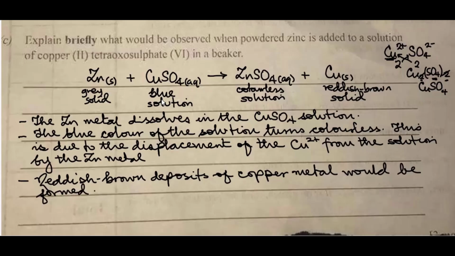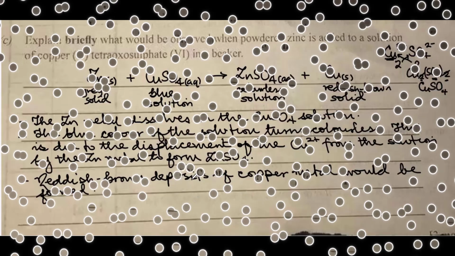So this is due to the displacement of copper 2 ions from the solution by the zinc metal to form zinc tetraoxosulfate 6. Okay, what's the next question?